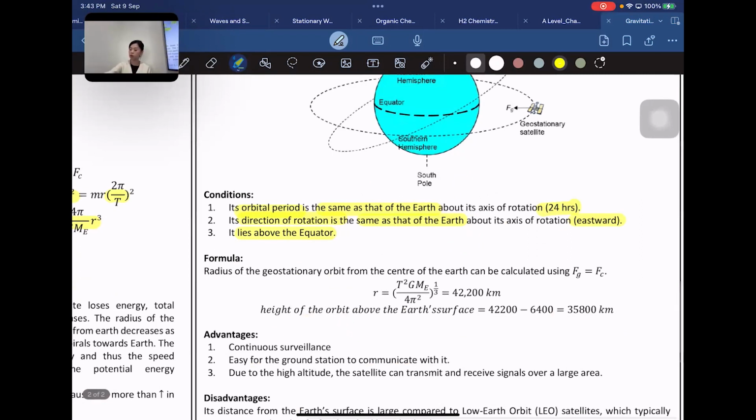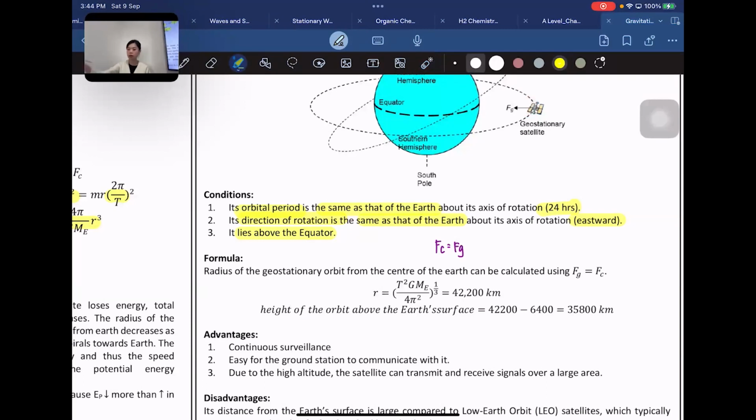So because geostationary orbit is fixed to be a period of 24 hours, using the formula that FC equals FG, can you now see why this formula is so useful? Because it can allow you to find a lot of things. I can then put in my period of 24 hours to find exactly where this orbit is.